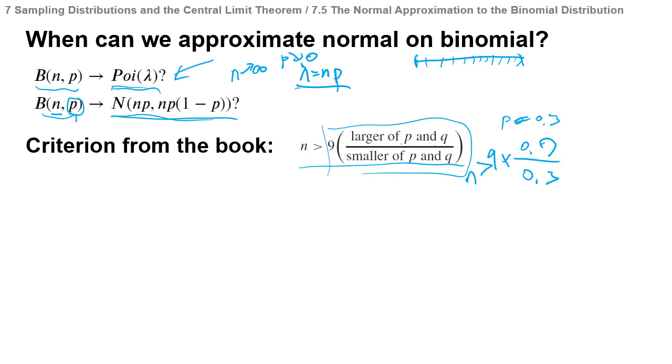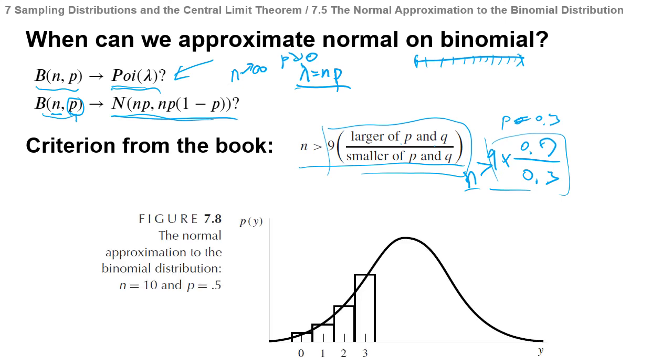If n is larger than this quantity, then it would be okay to approximate the binomial distribution with the normal distribution. That's the suggestion from the textbook. And figure 7.8 describes an example of normal approximation to the binomial distribution when n equals 10 and p equals 0.5.